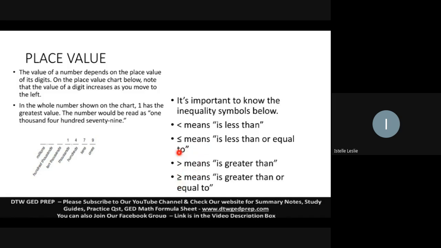So we'll still look at this in subsequent classes. But what do we pick from here? We need to remember this place value. Ones, tens, hundreds, thousands, 10,000s, 100,000s, million.